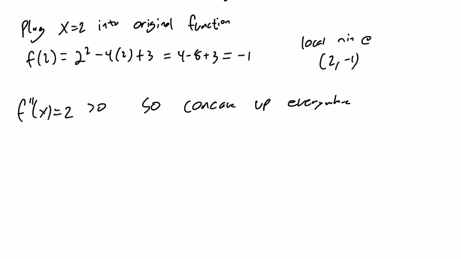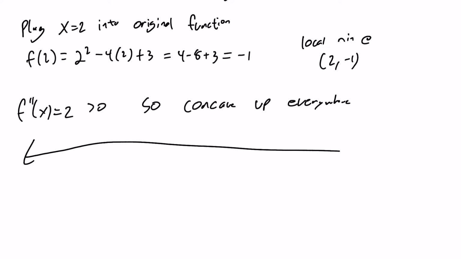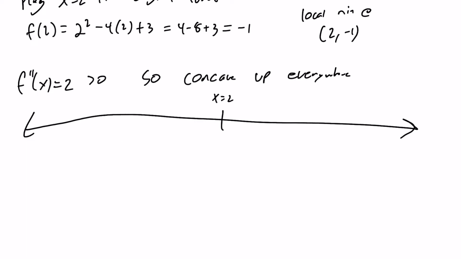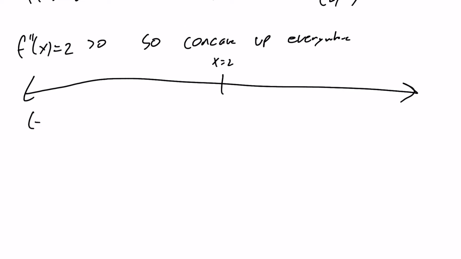Okay, and with this in mind, we can take our number line. We plop down all of our transition points. We only have the one. And we look at all the intervals that we get from that. So we have an interval from minus infinity to 2 and an interval from 2 to infinity. And we're going to take a look at the first and second derivative on these intervals.